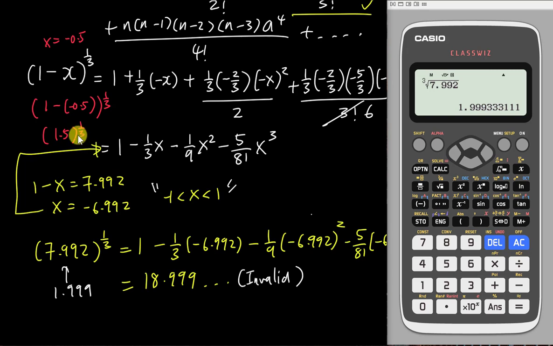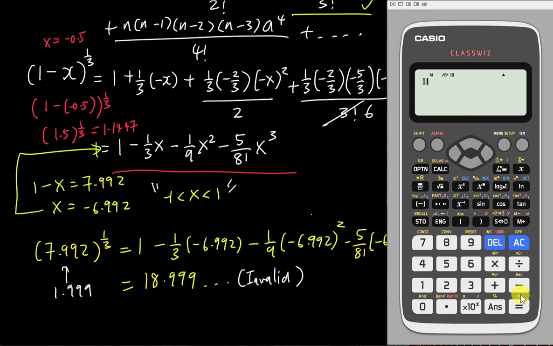So let's use the calculator quickly. What is the cube root of 1.5? We get something like 1.1447. Now if I substitute negative 0.5 into my x, let's see whether I can get this number, to prove whether my expansion is correct.